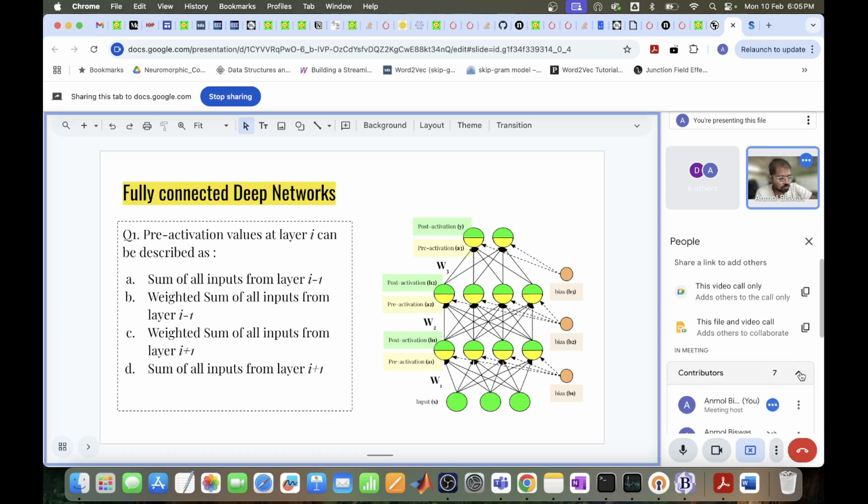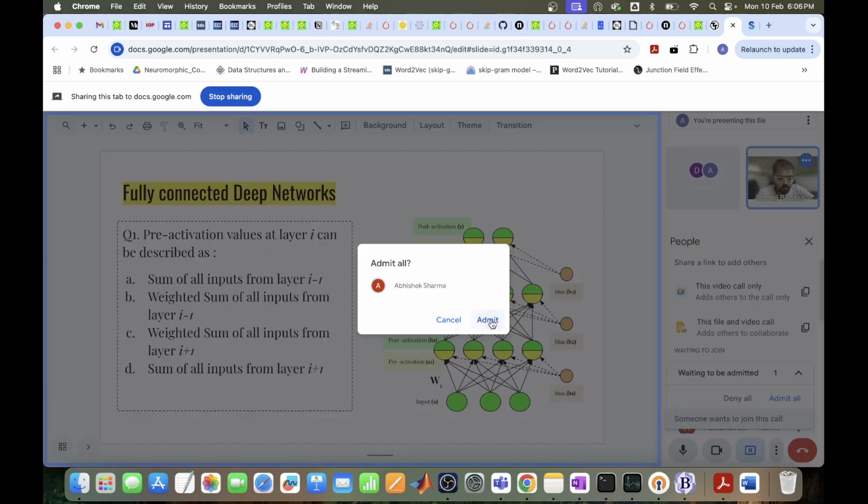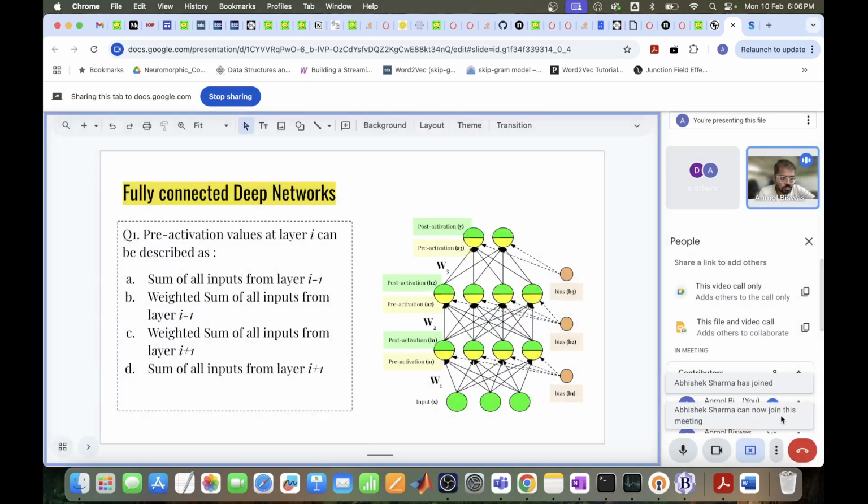So as usual, I will give a little bit of time for everyone to answer it, and you can mention your answer in the chat, and in a minute or so I will explain the answer and then we will continue to the next question.